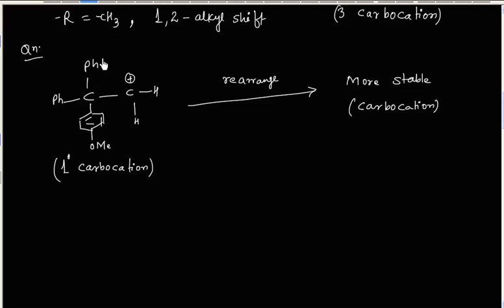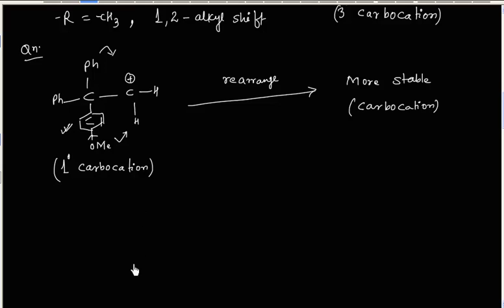Now in this case we have two possibilities. Either we can shift the phenyl group, or we can shift the phenyl group that contains the OMe group attached. Now the OMe group is an electron donating group.